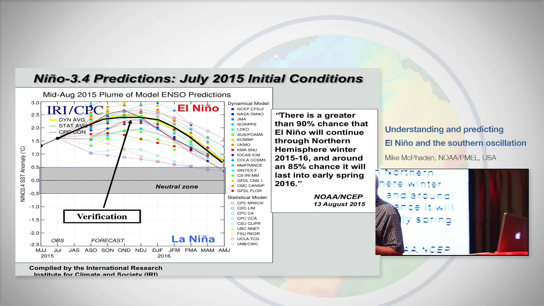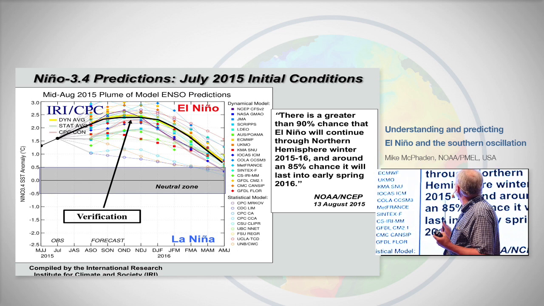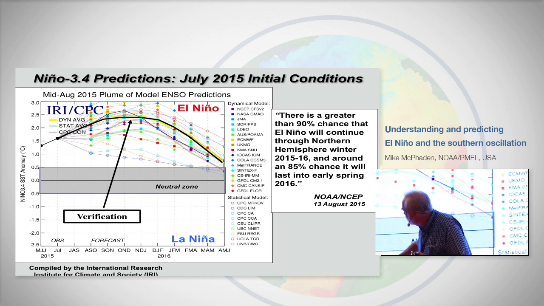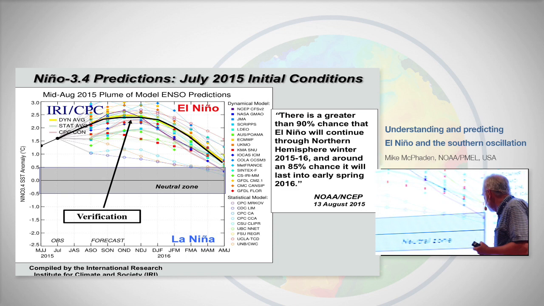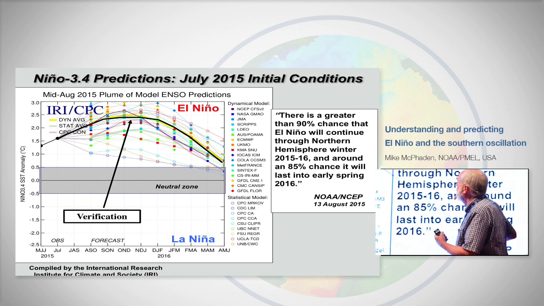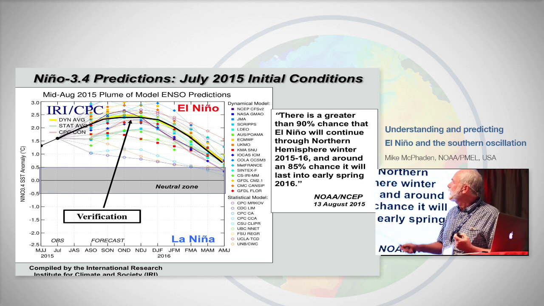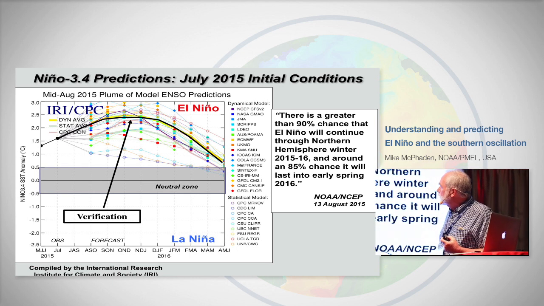These are Nino 3.4 predictions from July 2015 initial conditions. What's shown here is Nino 3.4 on this axis. Time runs on this axis. Each one of these curves is the ensemble mean of a number of different forecasts made by these organizations, the 20 or so organizations worldwide that are routinely making these.